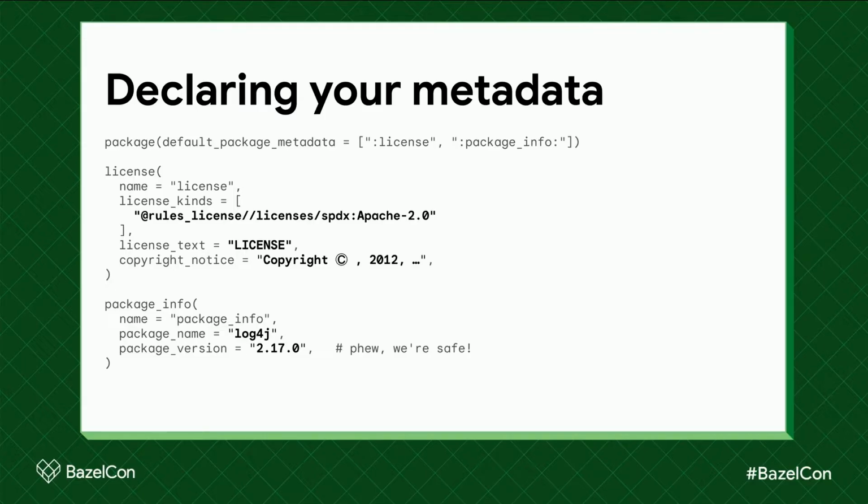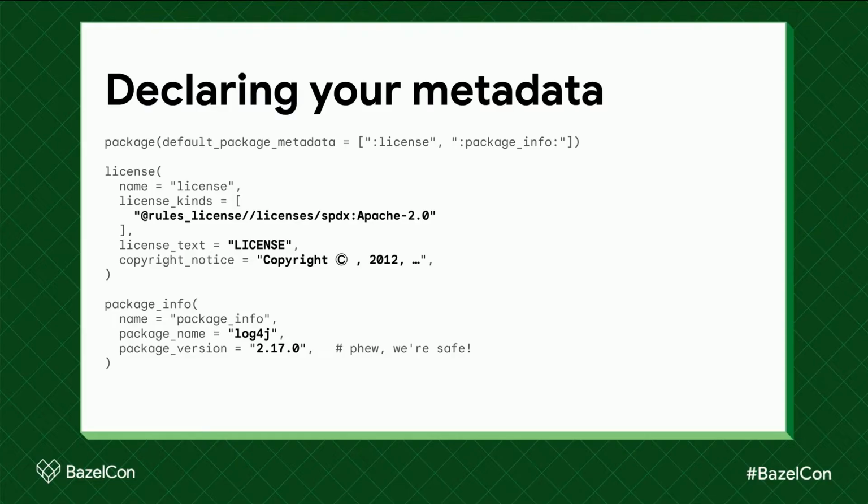And there's a pointer to the file that contains the license text. And a package_info rule, right there, it only says, Log4j at version 2.17, which is the good one. So you can tell your manager, no, we use the good one, it's safe. But this is going to be expanded. We could put in all those other things that I talked about, I just didn't do it, so it fits on a slide.